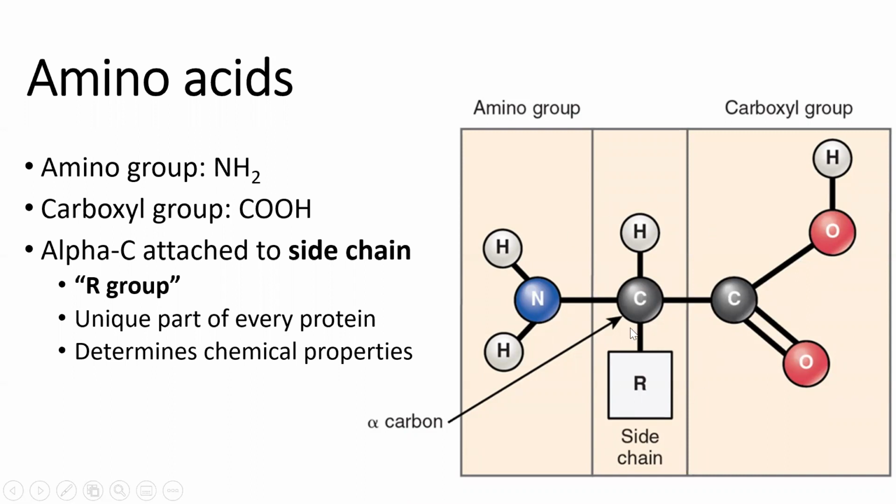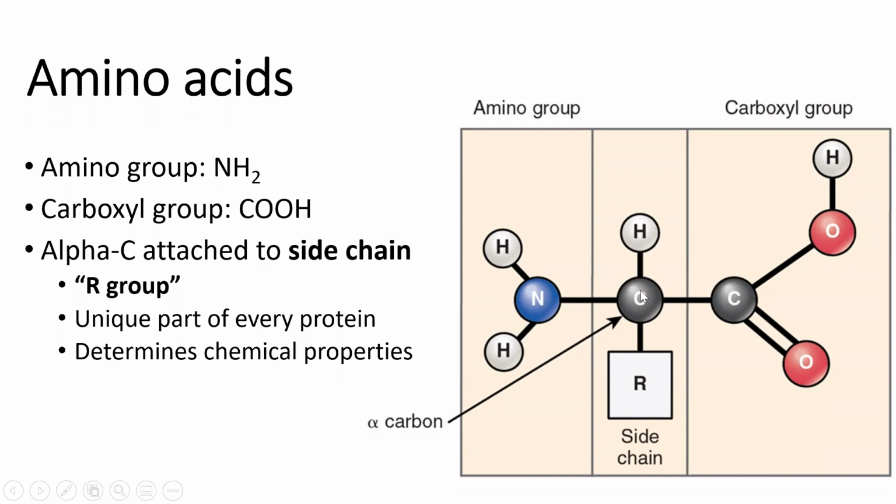Now, the final portion right here is a side chain. Now, here's a tip and a trick I always like to tell my students. These parts will always remain the same: the central carbon, or the alpha carbon, the amino group attached, the carboxyl group attached, and the hydrogen.